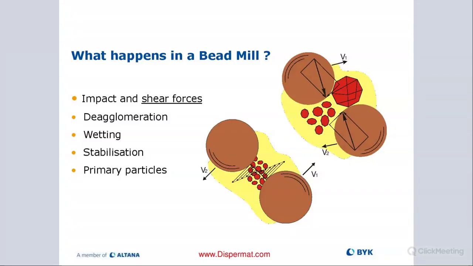And that basically is causing the breakup of these van der Waals forces. So that means that then these pigment particles get separated, these aggregates, and turn into smaller particle clusters. And with continued milling time, we're able to continually reduce those particles and make them smaller and smaller until we reach our desired particle size target.